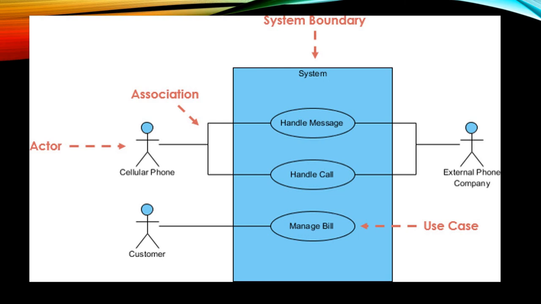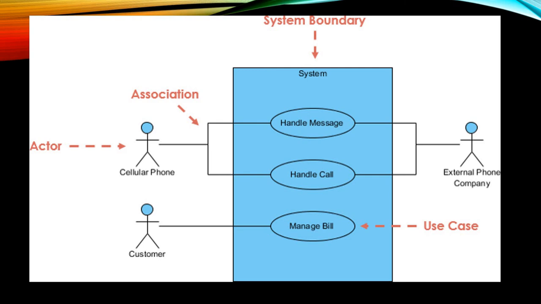You can refer to this example here on how all of the notations are represented in a use case diagram. You see here the vertical rectangle is a system, and the use cases here are handle message, handle call, and manage bill.